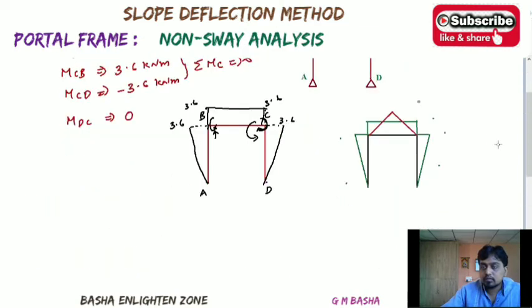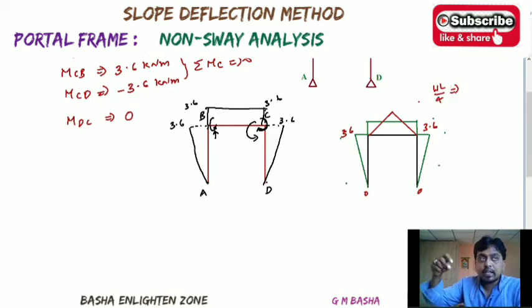So see here, this one will be 0, this one will be 3.6, this one also 3.6, this one will be 3.6, and this one will be 0 again here. So what is the overall ordinate value here? The overall ordinate value will be equal to WL by 4.